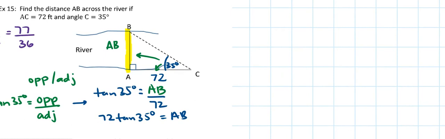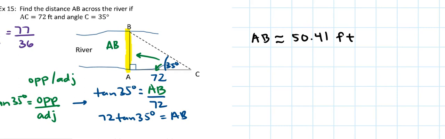So let's do this. I do have AB is approximately equal to 50.41 we said. And since we're in terms of feet, we have our distance.